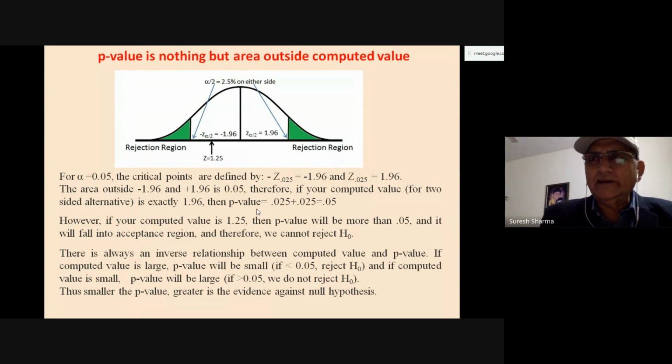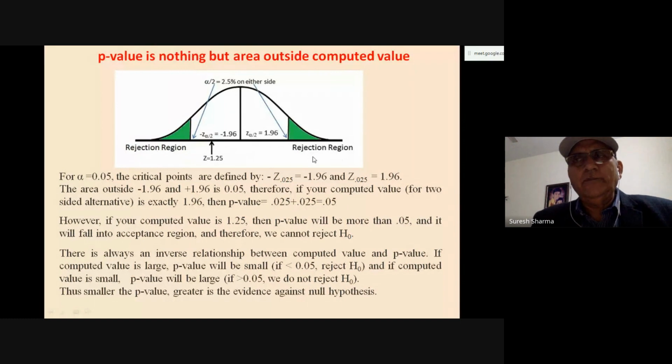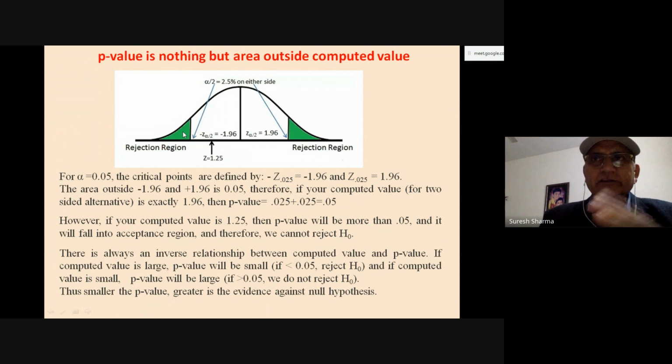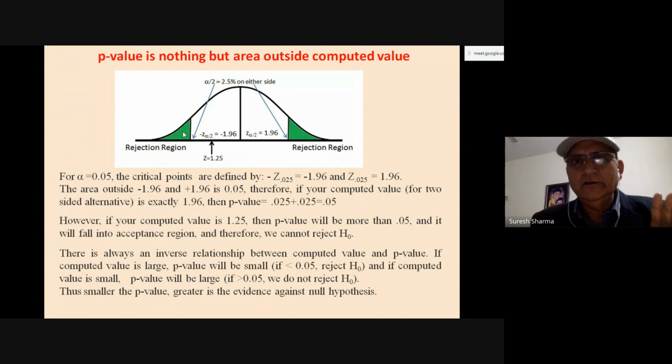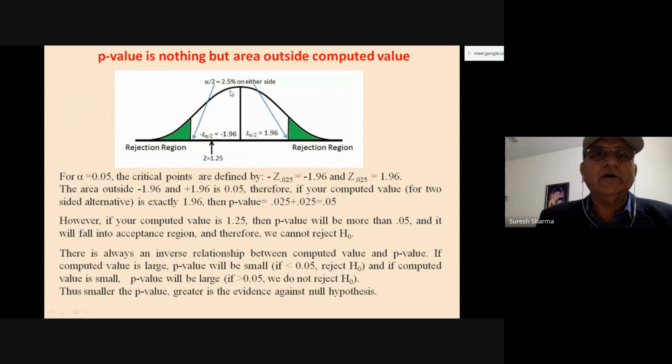Since it is a two-sided alternative, this alpha, which is 0.05, will be equally distributed on both sides. 2.5% on this side, which is this green region, 2.5% on this side, which is another region, because it is two-sided. I don't know whether mu is less than 100 or mu is greater than 100. So equal distribution. That's why I'm saying alpha by 2, 2.5% on either side. Green region is your rejection region.